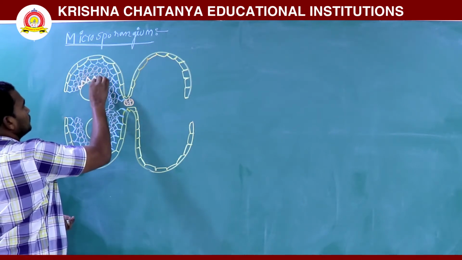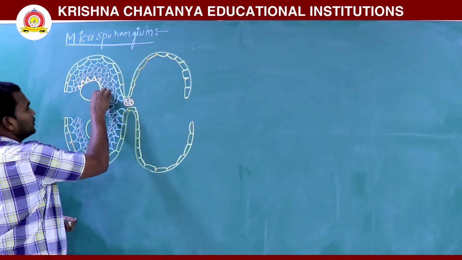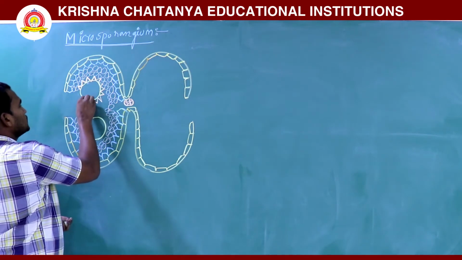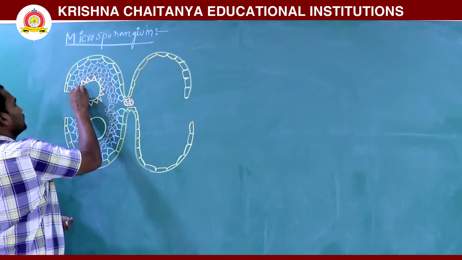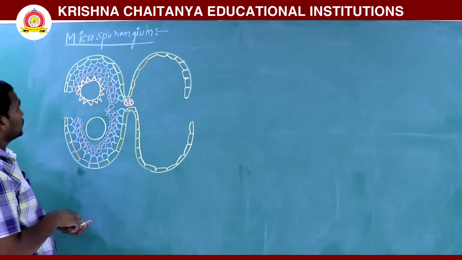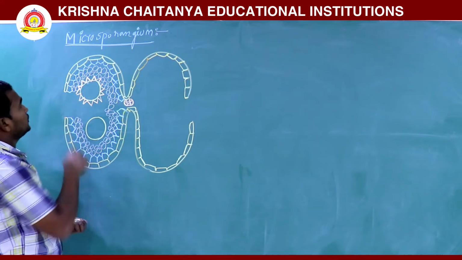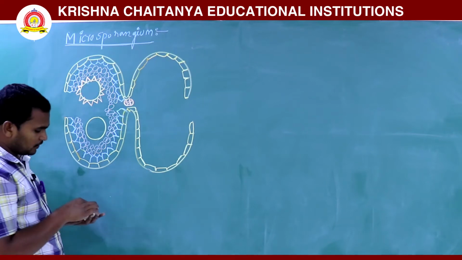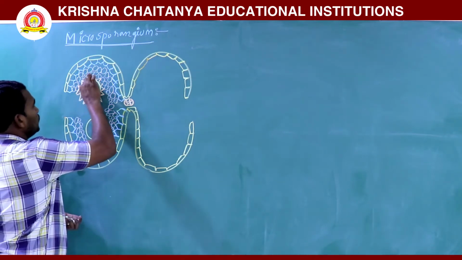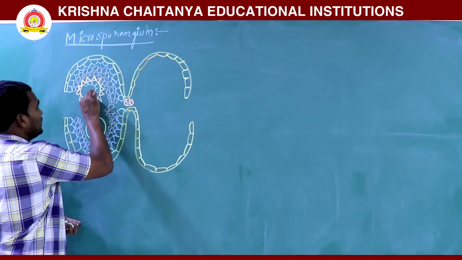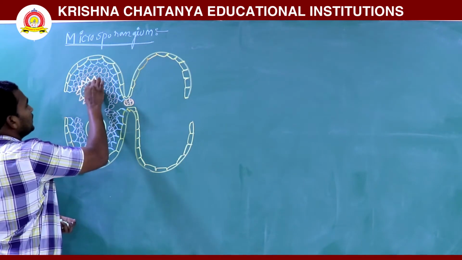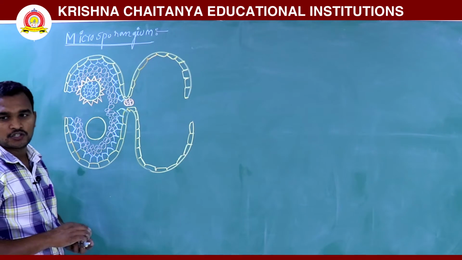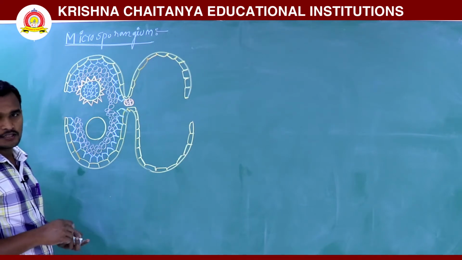The inner side is called the microsporangium. This entire thing is called the microsporangium. In the center region there is some tissue, which is called the sporogenous tissue.